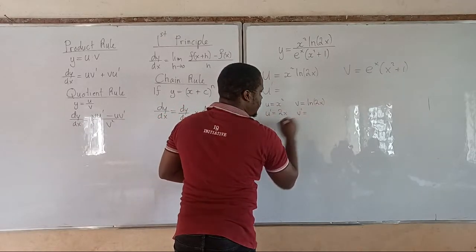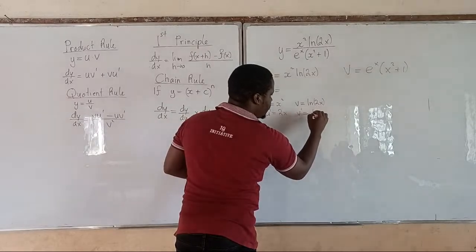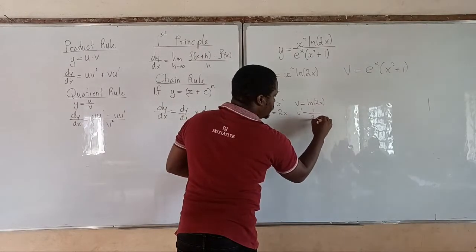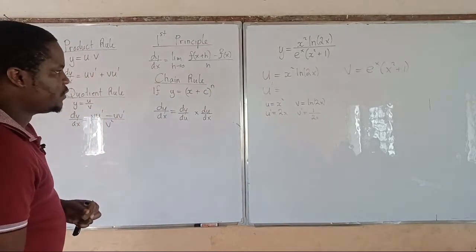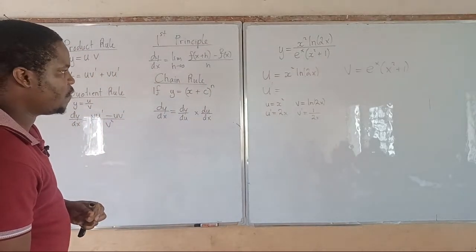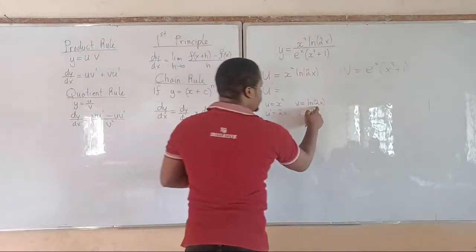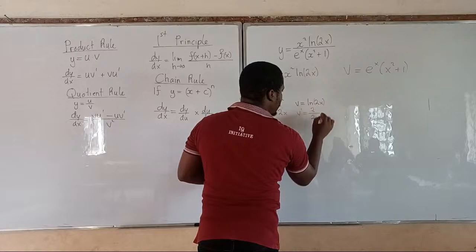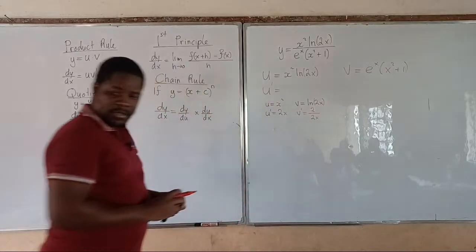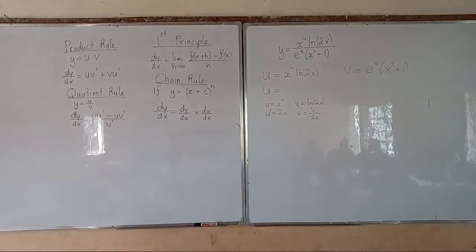V prime should be 1 over 2x, I believe. Differentiate that, we get a 2, so 2 over 2x. So now that we've differentiated that part, let's apply the product rule.